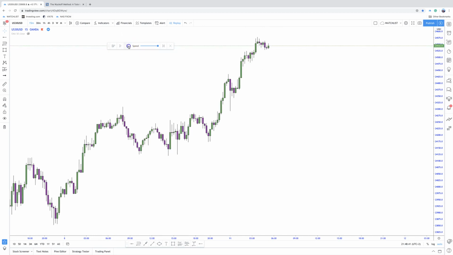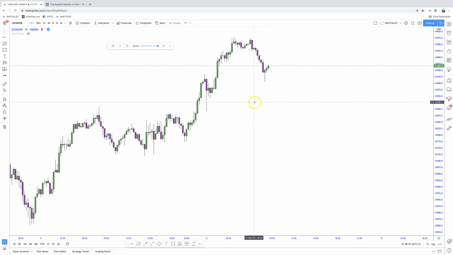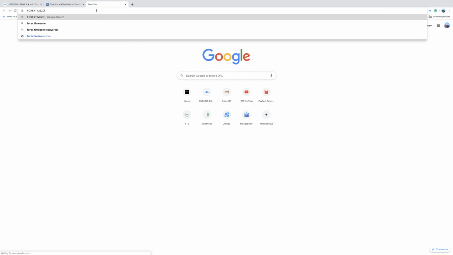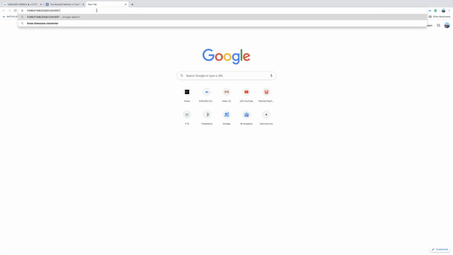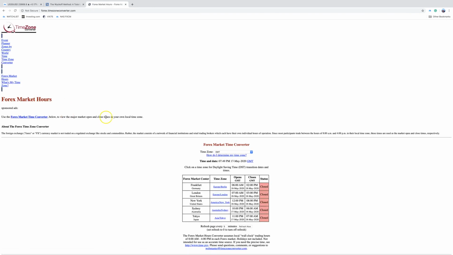Nobody's trading, so I want to get into London. We just use a Forex time zone converter. I think London is like 9 o'clock. Let me just change my time zone, time and date.